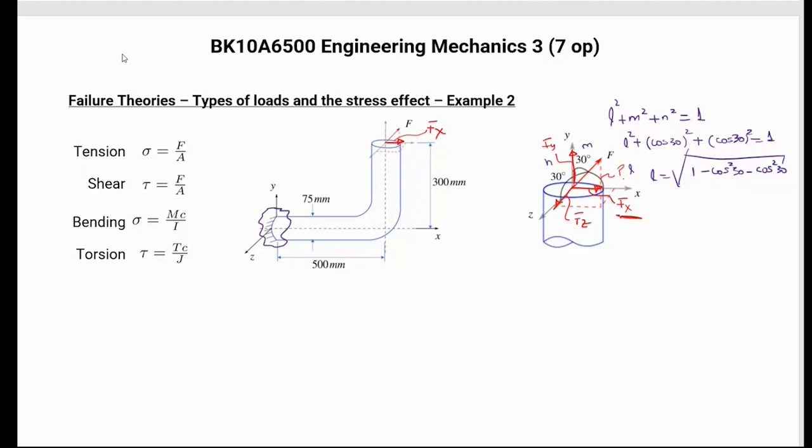You can take the upper point or the lower point, and of course there's going to be a difference, but let's take the upper one. I selected the point where I want to determine the stress tensor. I have one force, Fx, which is one component of the total force applied to the bar. What type of stresses does it create on this element? Now I'm really going to have a three-dimensional stress tensor.